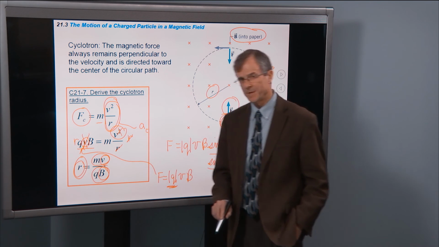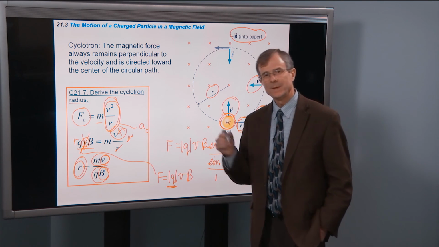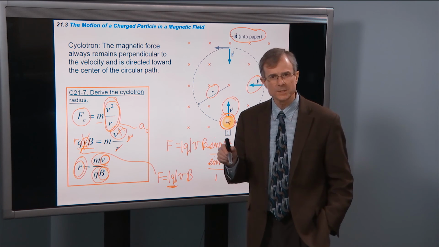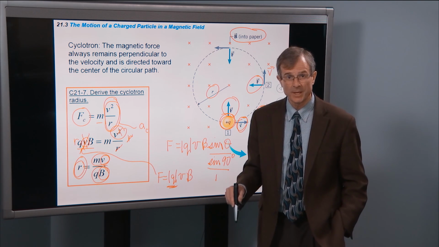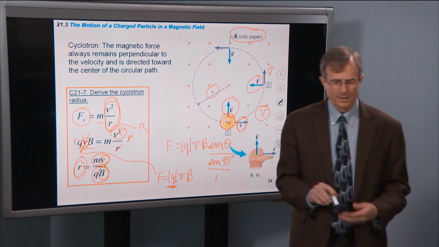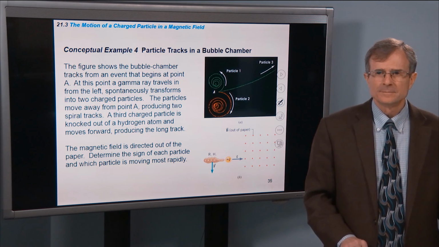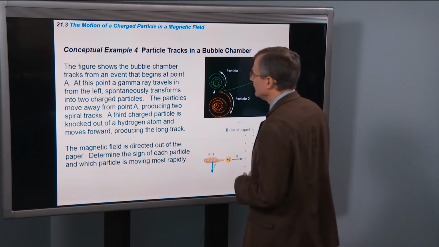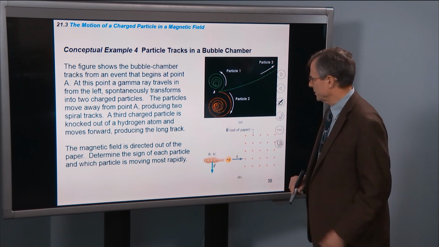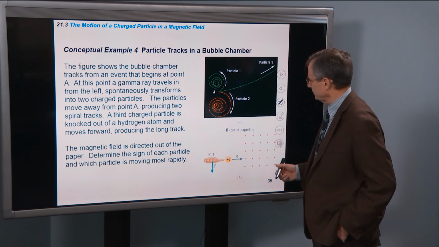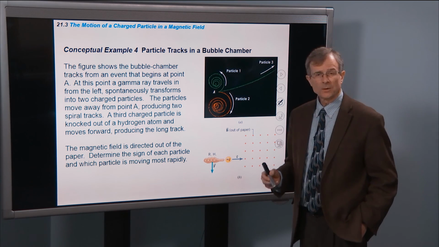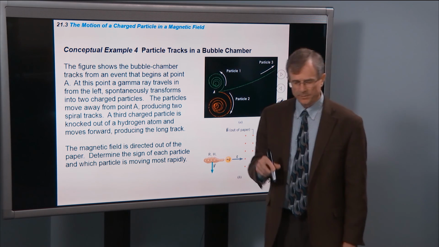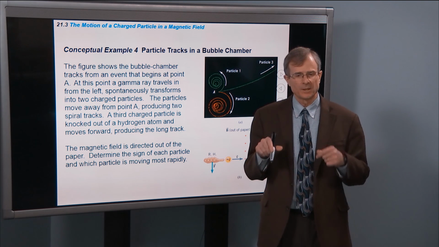The stronger the magnetic field it's going through, the stronger the centripetal force is going to be, and the smaller the radius is going to be. So this is actually seen in bubble chambers, as well as in aurora. The auroral lines are magnetic.